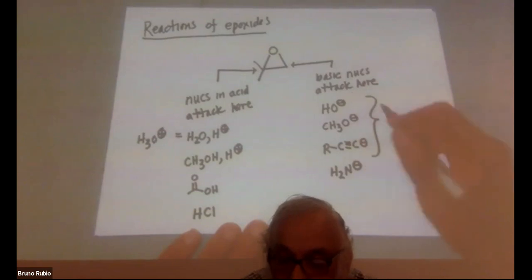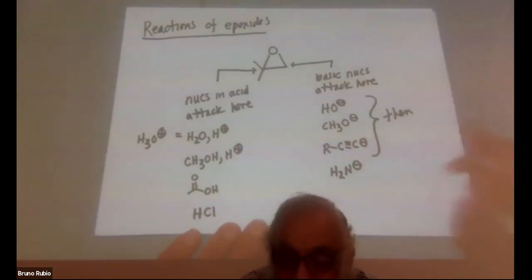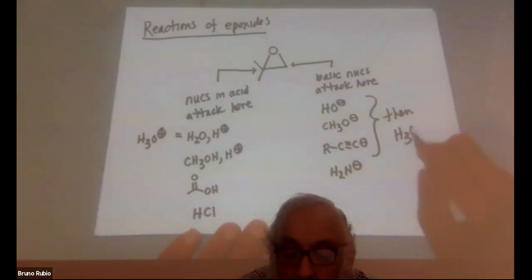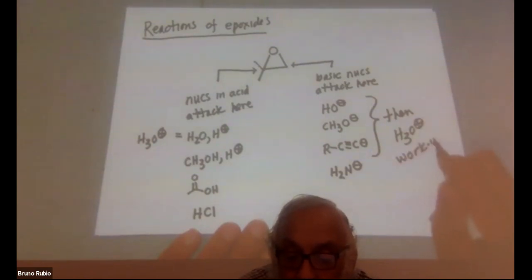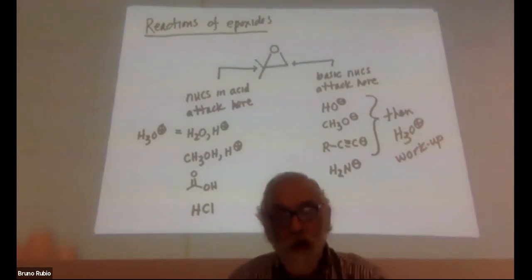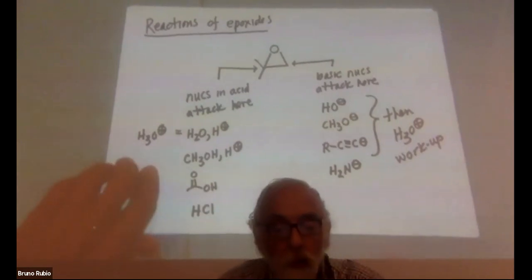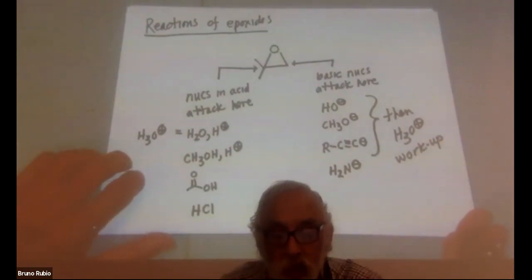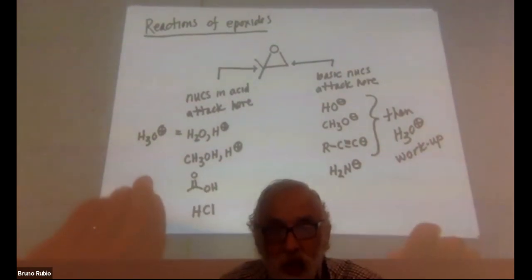So it's going to be these nucleophiles, then H3O+ workup. So that's an additional clue that we've opened up an epoxide with a basic nucleophile. Okay, so more bullet points for the reaction.